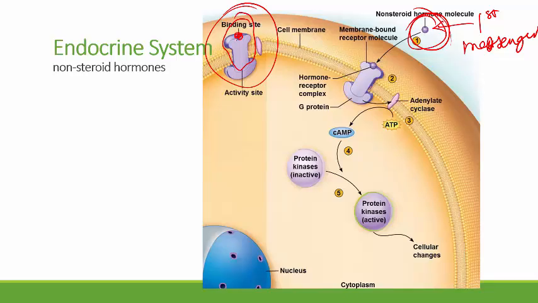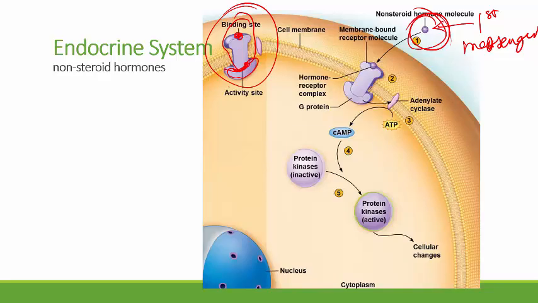This is a place where the non-steroid hormone can bind to this receptor protein. Inside of the cell, there's what's termed the activity site. This is a site that will change its shape when the non-steroid hormone binds at the binding site. And associated with the activity site is a second protein called the G protein.